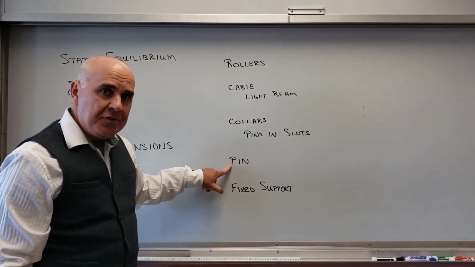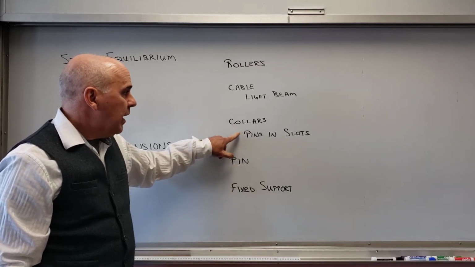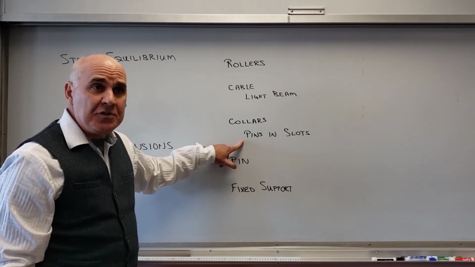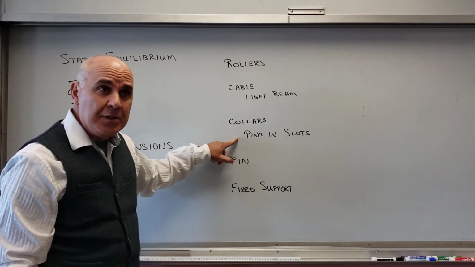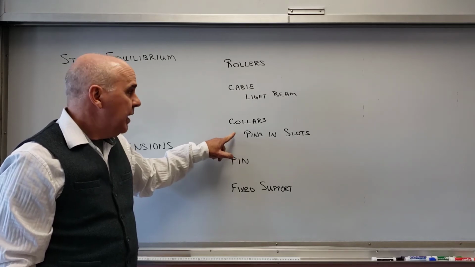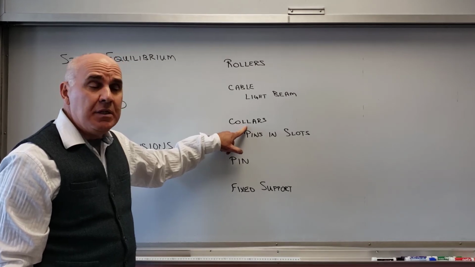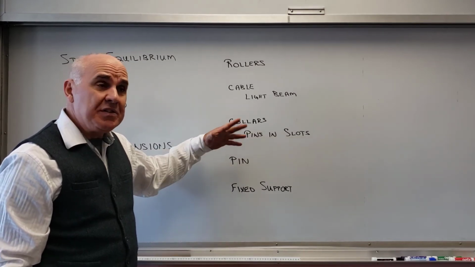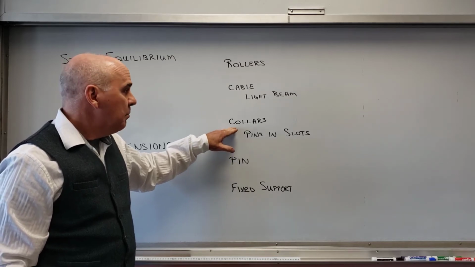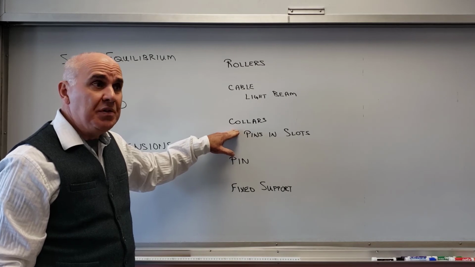Pin supports will exert forces in X and Y, but will not exert moments. Collars or pins inside of slots will not exert forces along the slot or along the collar, but they will exert forces normal to those. Collars might not allow a moment if it's on a swivel, it will not exert a moment, but a fixed collar won't allow any twisting, so it's exerting moments as well.